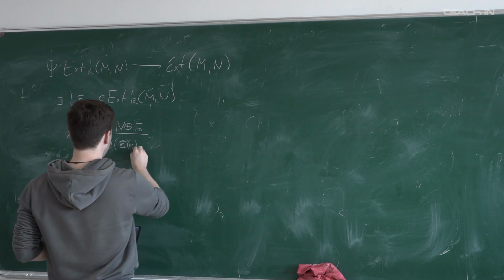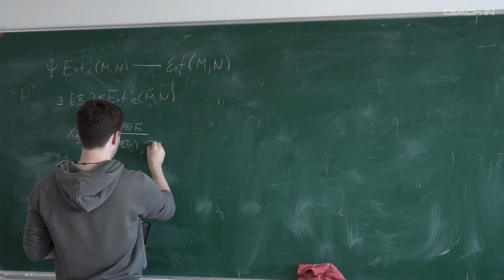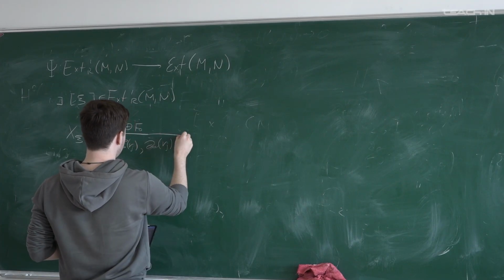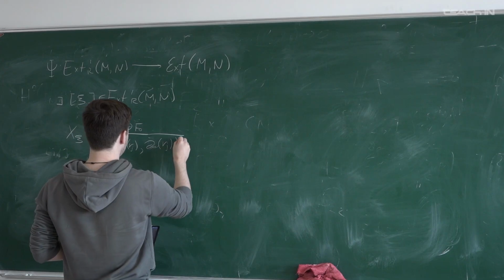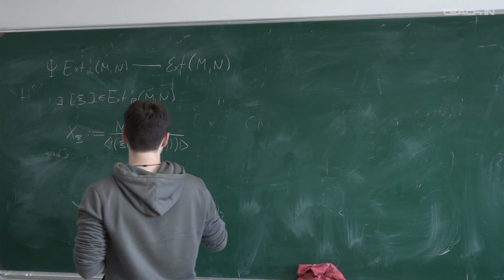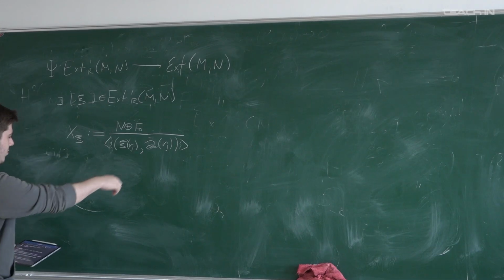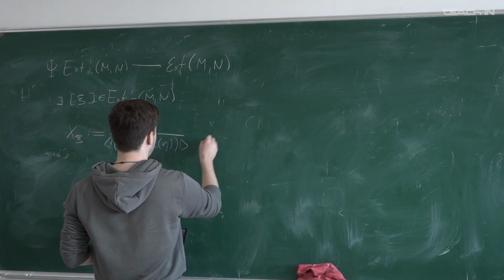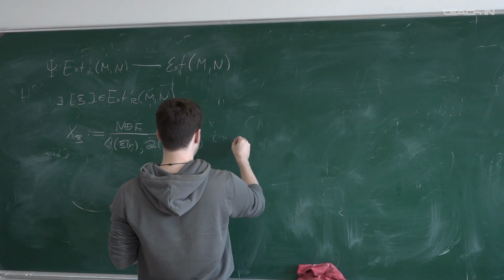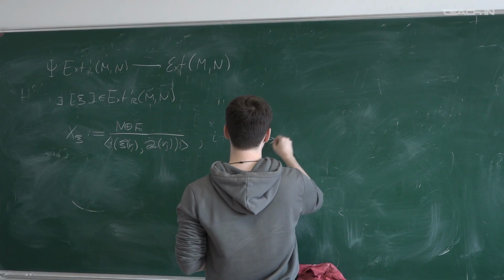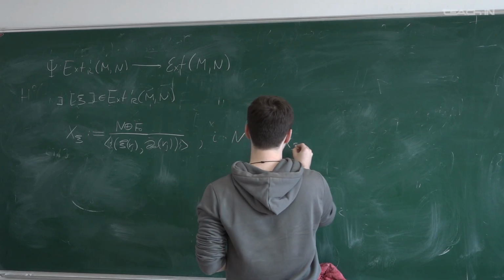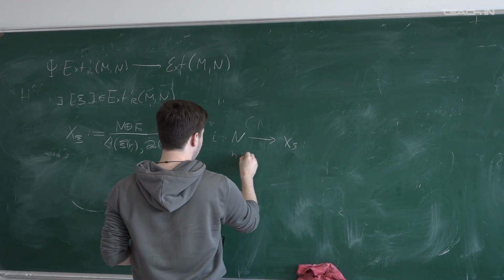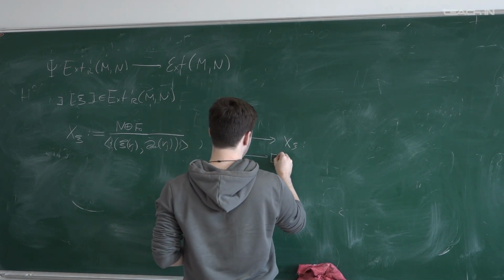So J, d0 of R_J. This is the definition. I use this notation; I prefer this one. Then we can define a map i, which is just a composition of the inclusion of the direct sum and then projection on the quotient module. It looks like this.